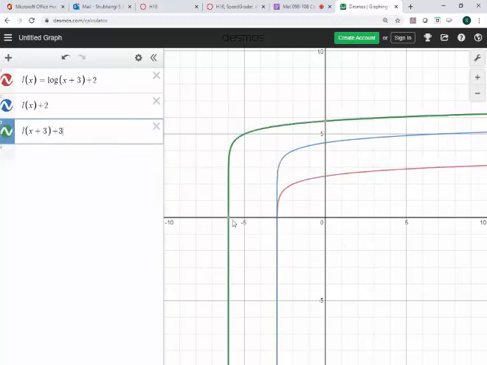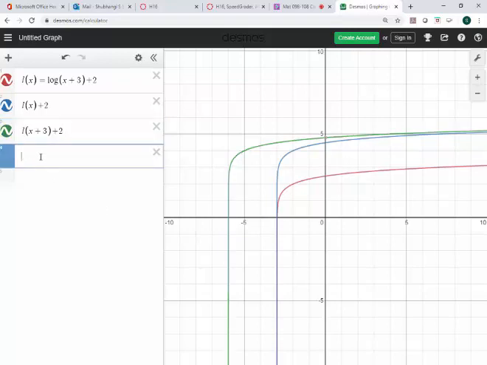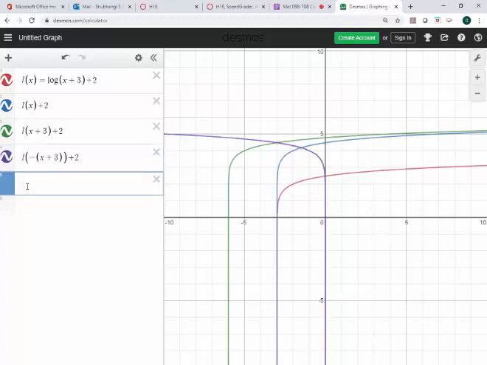Do you see how it shifted left 3? Shifted left. Okay. 1, 2, 3. Oh, oops, 2. Do you see how it shifted up 2 and left 3? Everybody okay with that? And now when I put a negative in front, do you see how it flipped across the line x equals -3?